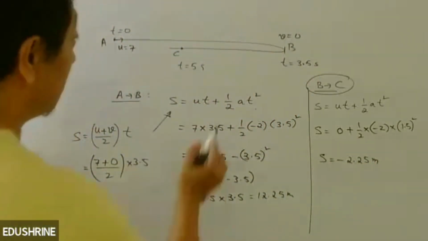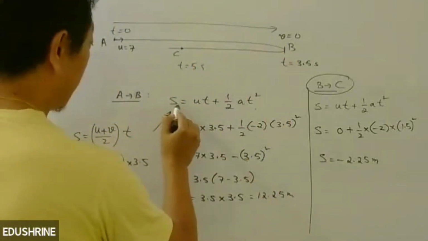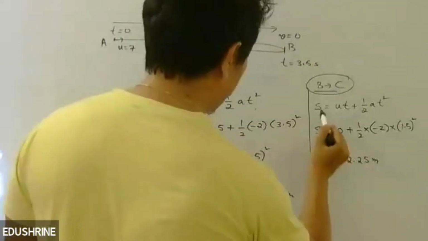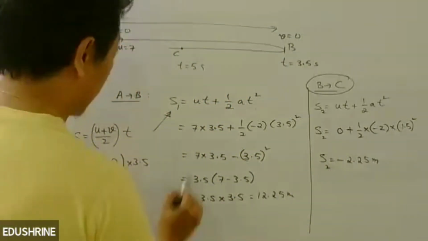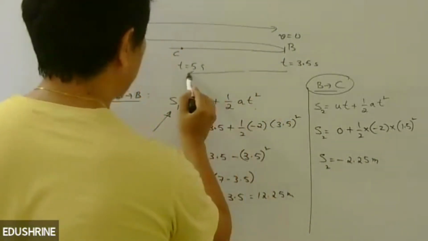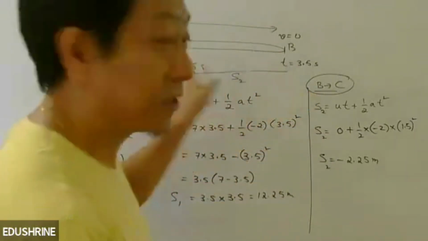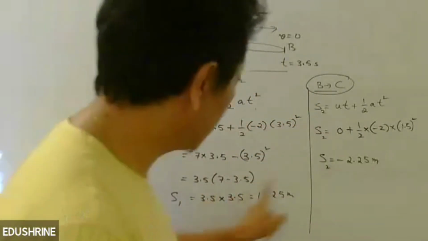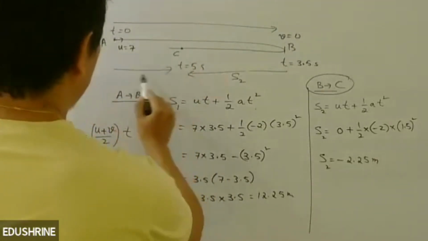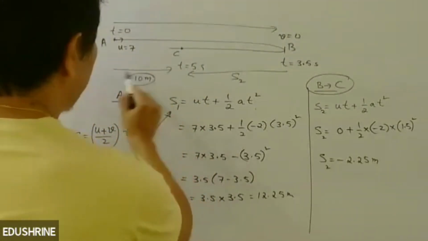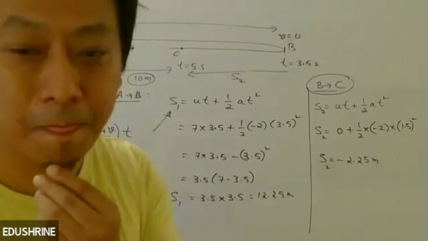Minus, you understood why it came? Because this displacement is here. Let me call this S1 and this S2. This is S1, so S2 is this side. So this minus sign is because of the direction. That's why if you add the two displacements, what will you get? 10. This was your answer. That was the one that you got, Dhruva. Understood?